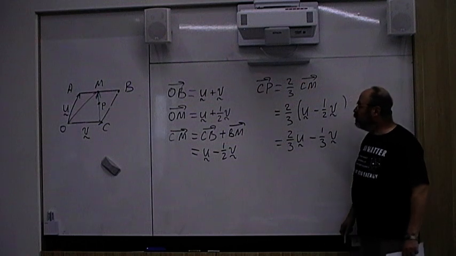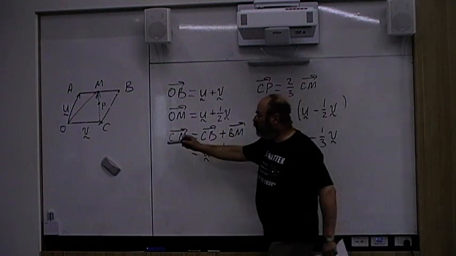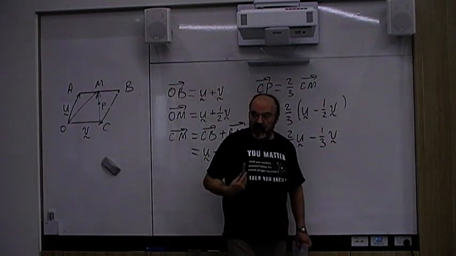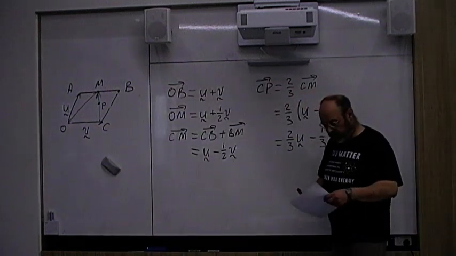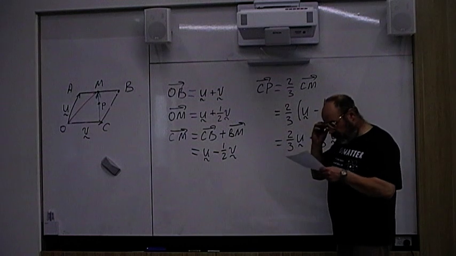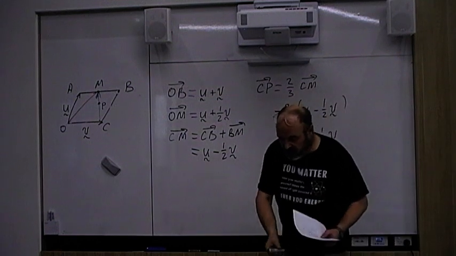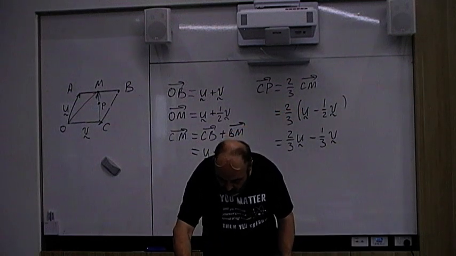And we got vector CP in terms of U and V. Does that make sense what we did? Now next, find vector OP.